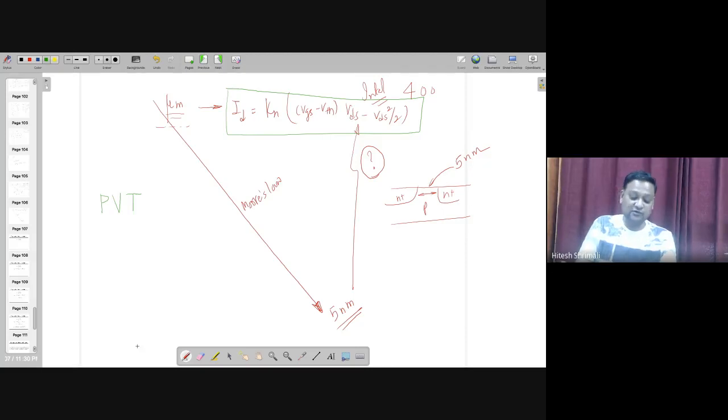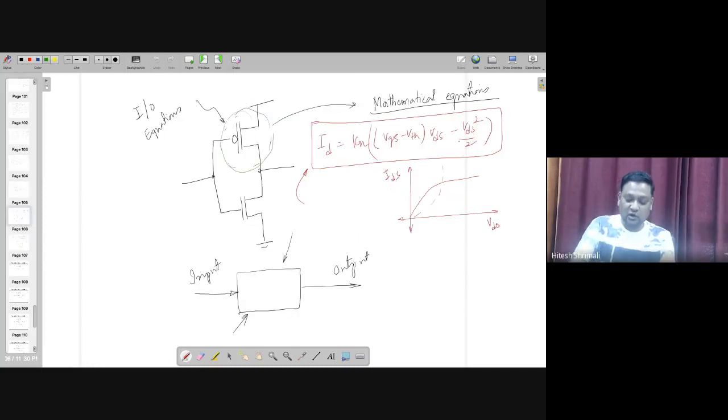However, if you use Ohm's law there, it will not be the same because the temperature might not be the same, so the voltage might not be the same. So all these equations which characterize our NMOS or PMOS need to be found out. Sometimes these equations are as big as one page, two pages, three pages.